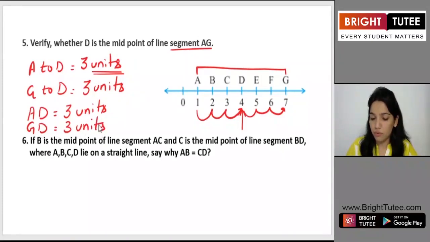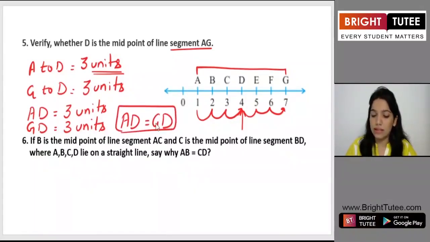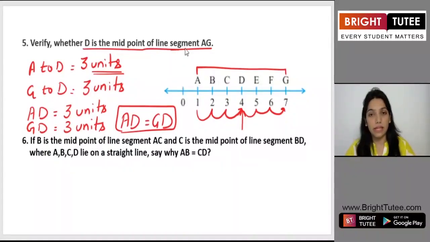And as both of them are equal in measure, we can write that AD is equal to GD, and this clearly shows that D is the midpoint of the line segment AG. Is that clear? Now let's look at the next question.